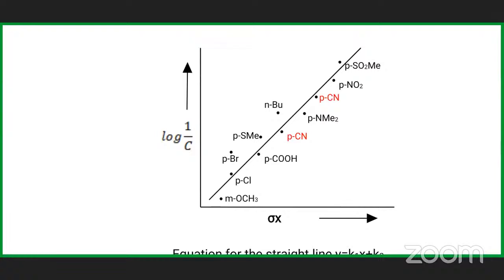For example, the methoxy group is taken, which is a plus M group, an electron-donating group. So there is very little increase in the biological activity. And chlorine and bromine are somewhat more electronegative, minus M groups, so there is some increase in the biological activity.